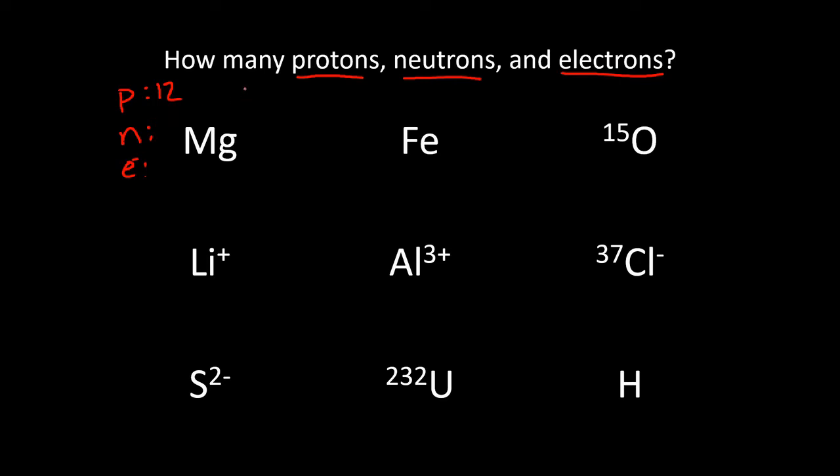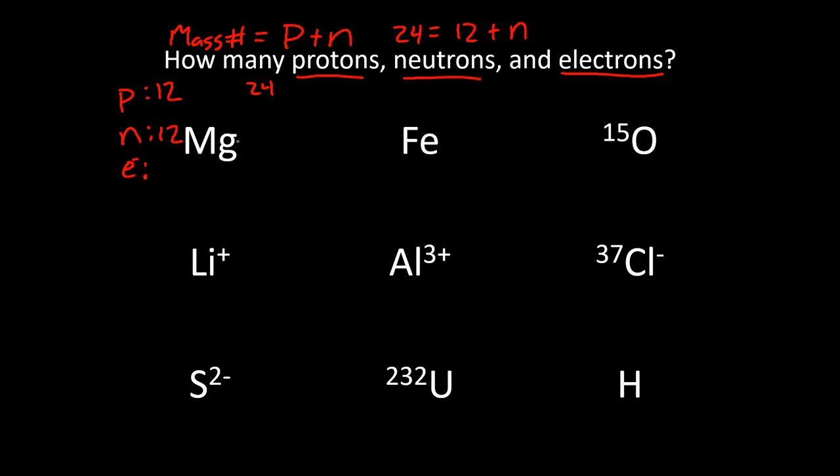If the mass number is 24, and we have 12 protons, that means that we must have 12 neutrons as well. Because remember, the mass number is the protons plus the neutrons. So if the mass number is 24, and the number of protons is 12, then the number of neutrons must also be 12.